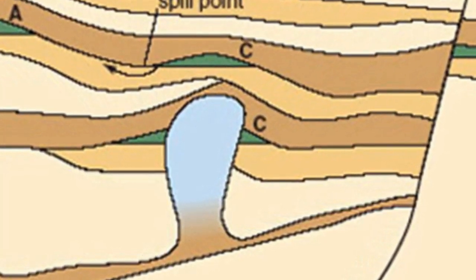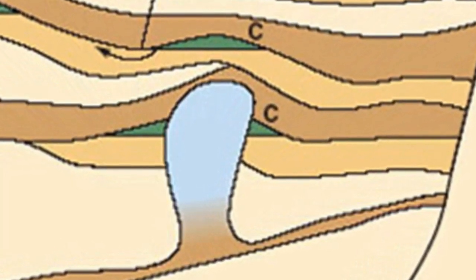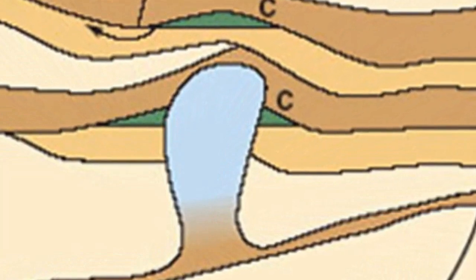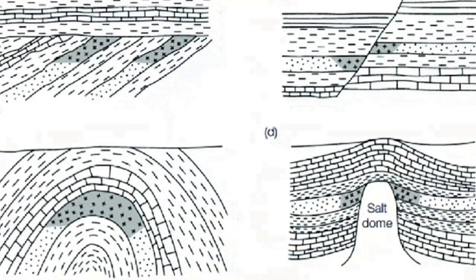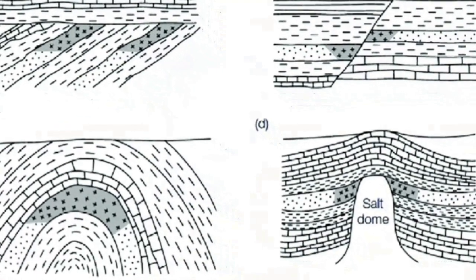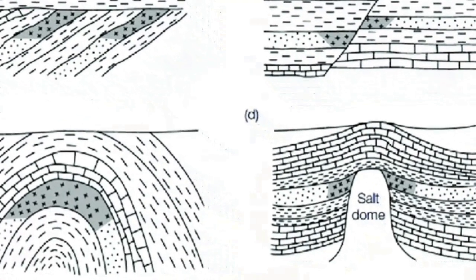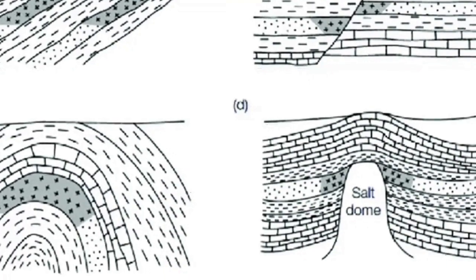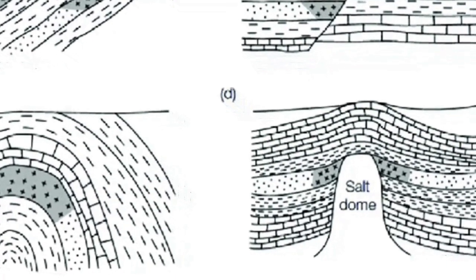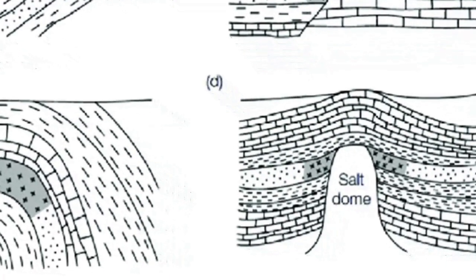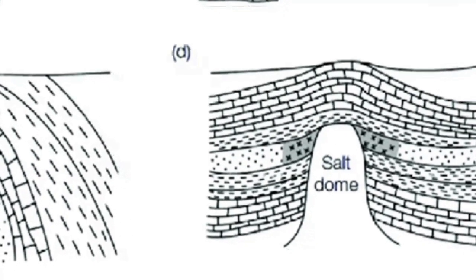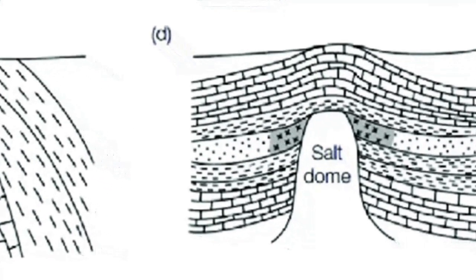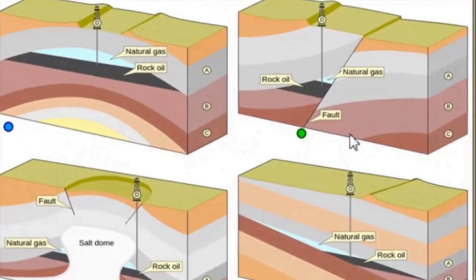Salt occurring at great depths has been forced to rise in columns by the pressure of the overlying beds. These rising salt columns gradually deform the overlying strata. Because oil and gas migrate to the highest level possible, they accumulate in the upturned sandstone beds adjacent to the salt column.